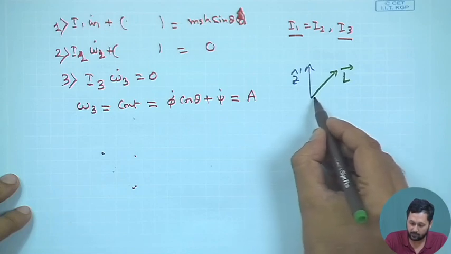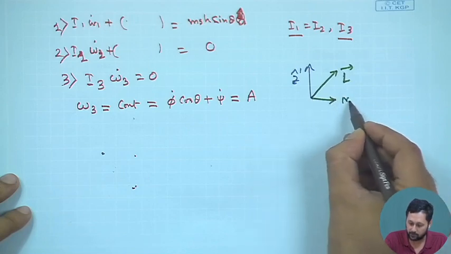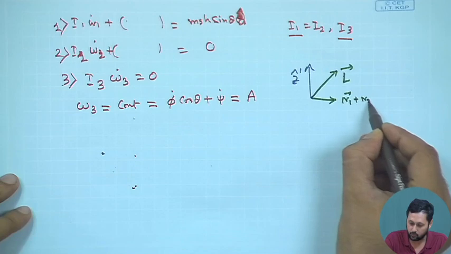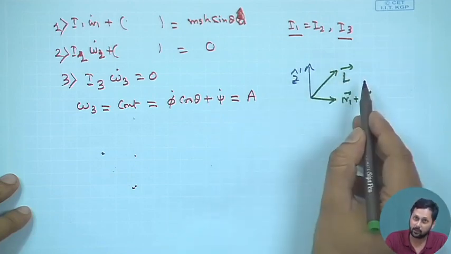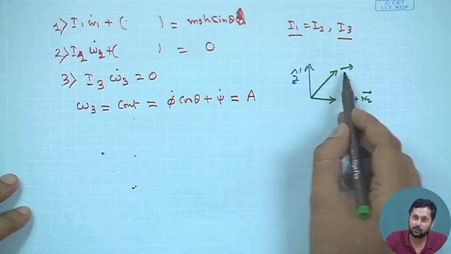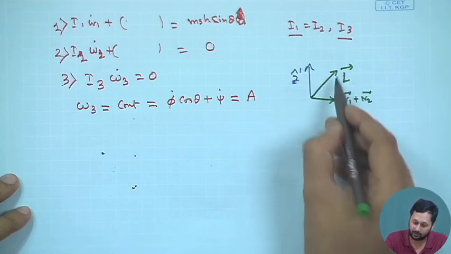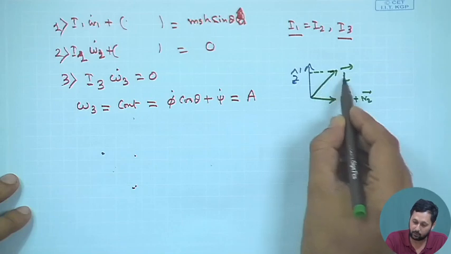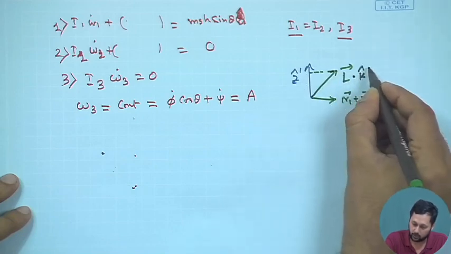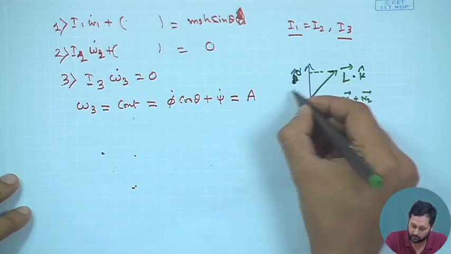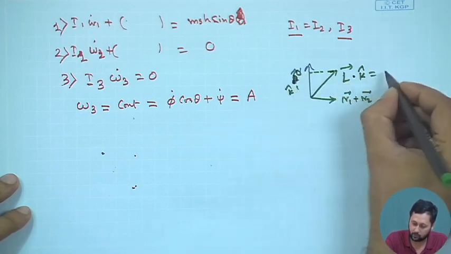So, let us say this is the general direction of the torque, which is n1 plus n2 in the xy plane. So, angular momentum will change in the xy plane, but as there is no torque along the z axis, the projection of angular momentum along the z axis, which is L dot k cap, is equal to a constant.